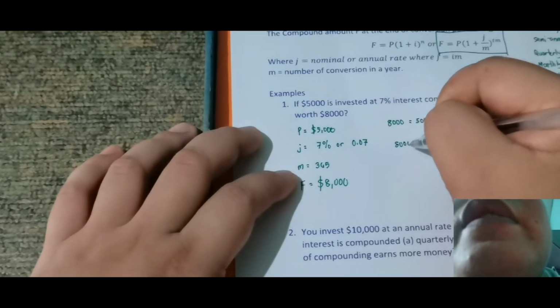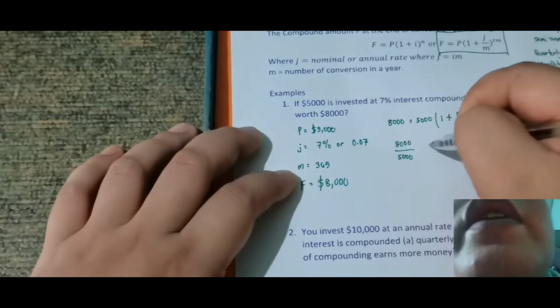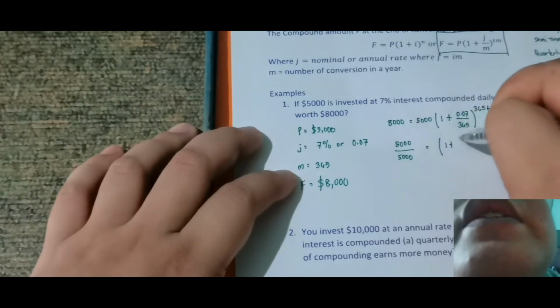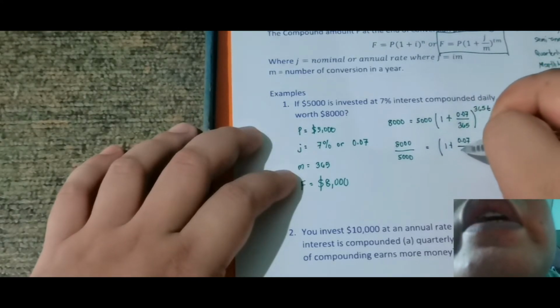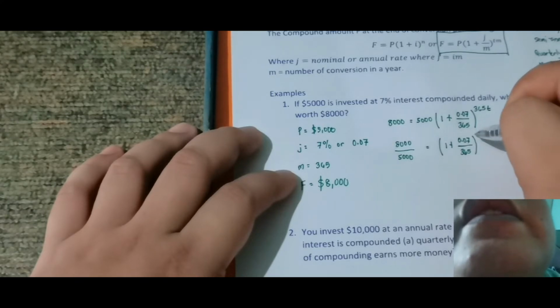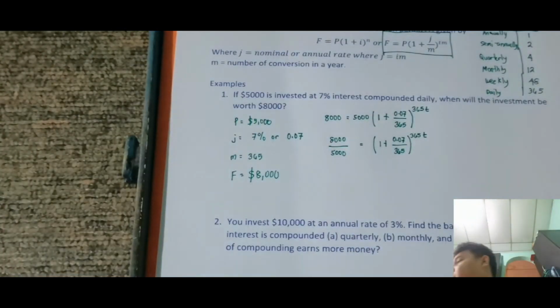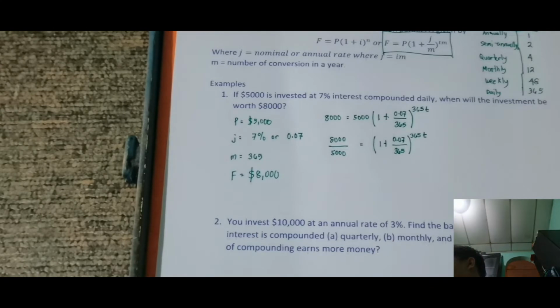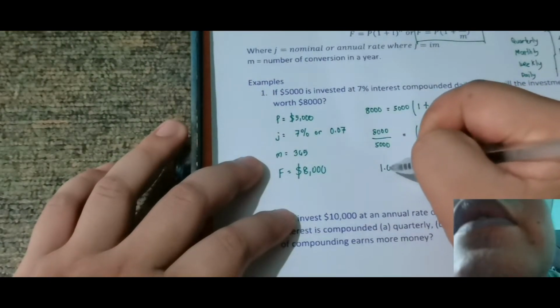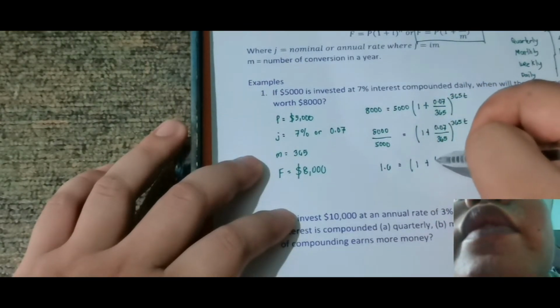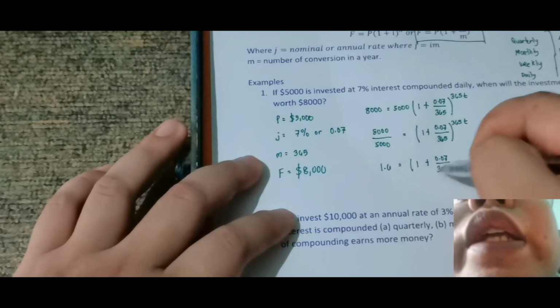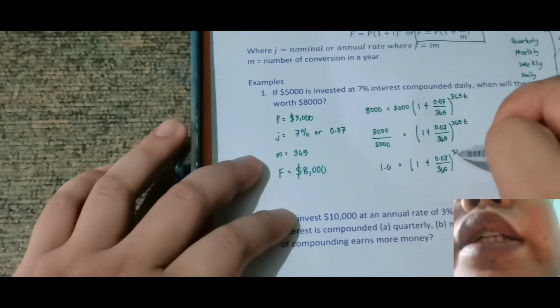So this is 8,000 over 5,000 equals 1 plus 0.07 over 365, then raised to 365t. So 8,000 divided by 5,000, that is 1.6. So this is 1.6. Yung sa loob wag muna. So this is 1 plus 0.07 all over 365, then raise sa 365t.